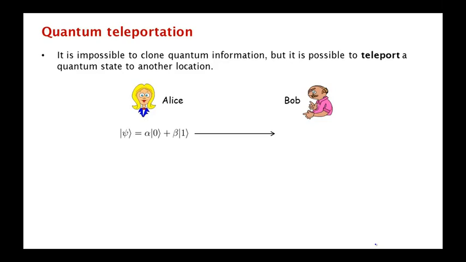Or maybe it's all the way across the city. How should she transport this qubit from one location to another? Okay, so one thing she could do is she could try to send it from her lab to his lab. But let's say that these two labs are very distant and it's very hard to transport it from one place to the other. So what else could she do?